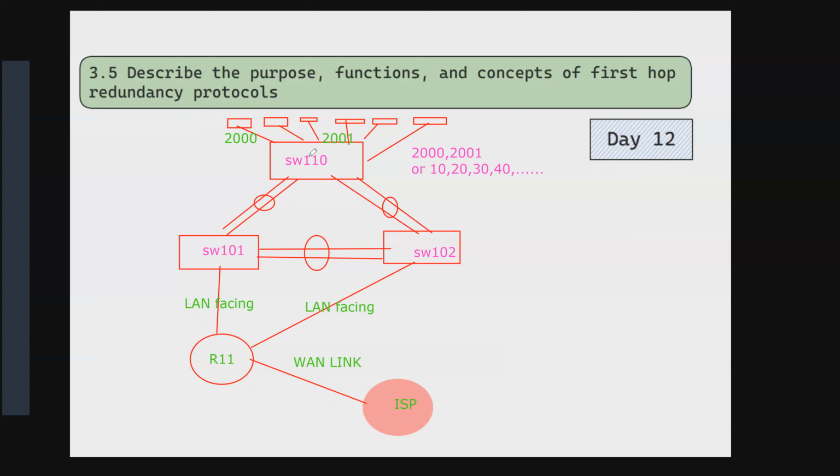It can go in this direction or in this direction. Both directions it can choose, right? But the switch will follow this path if you define the gateway on this switch. It has VLAN 2000, and if it has to go to the router and use the internet, it should go via this path if you have the gateway defined here, or the gateway defined here, right?